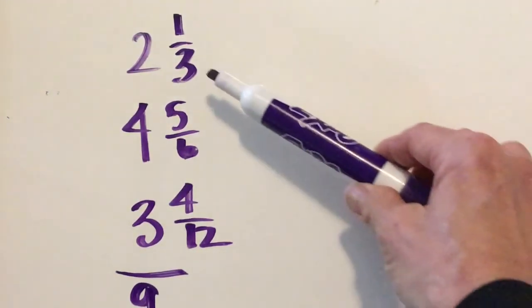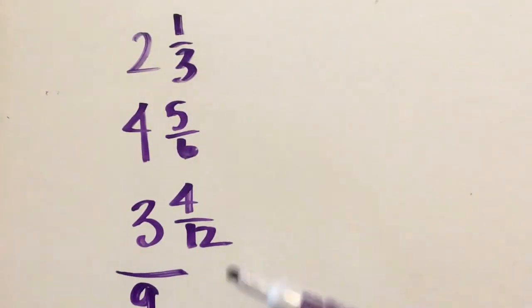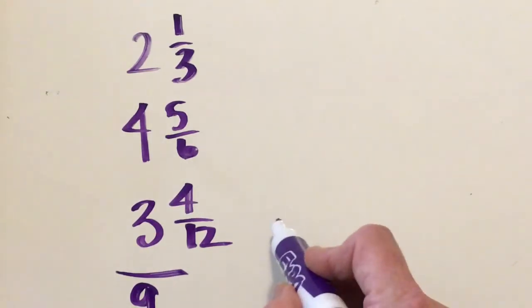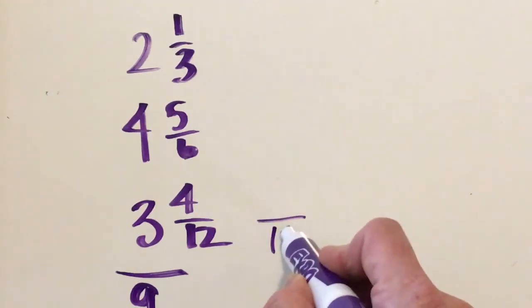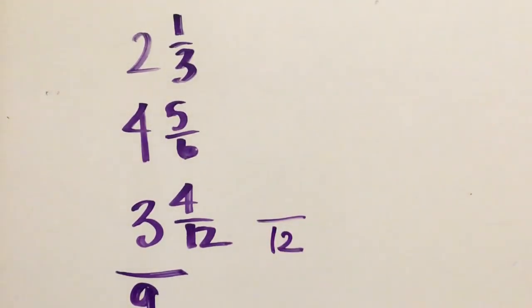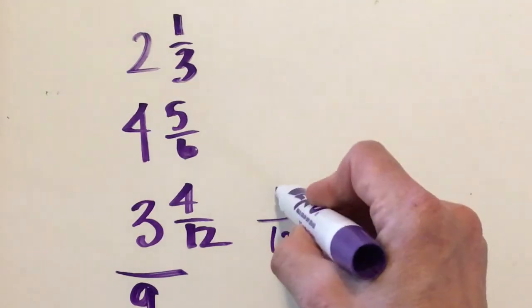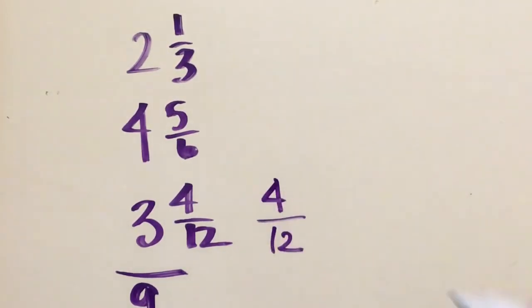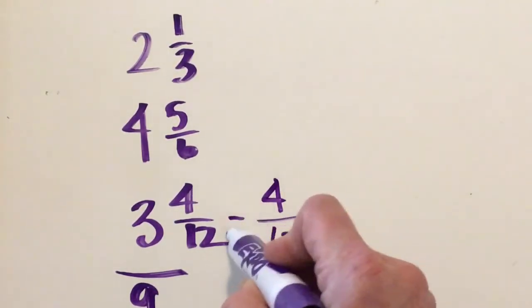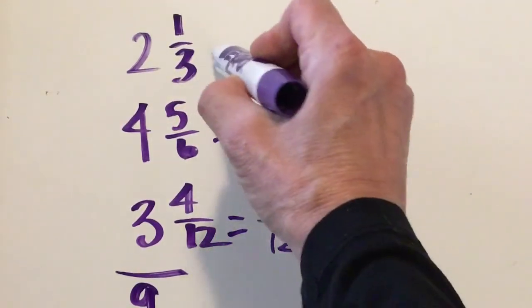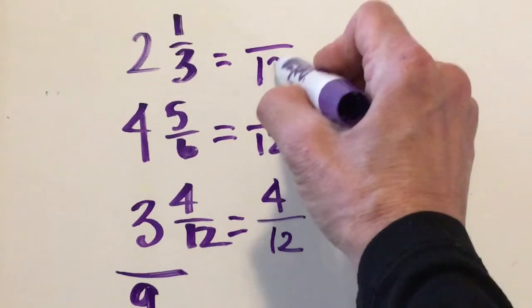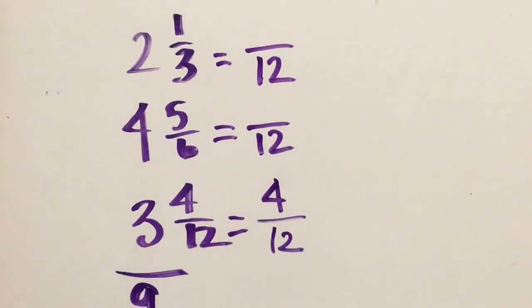So instead of multiplying these three numbers together to get me a like denominator, I'm going to use 12, and that's less work for me. So all I have to do is recopy the 4/12. But for the others, I need to find equivalent fractions that have 12 as a denominator.